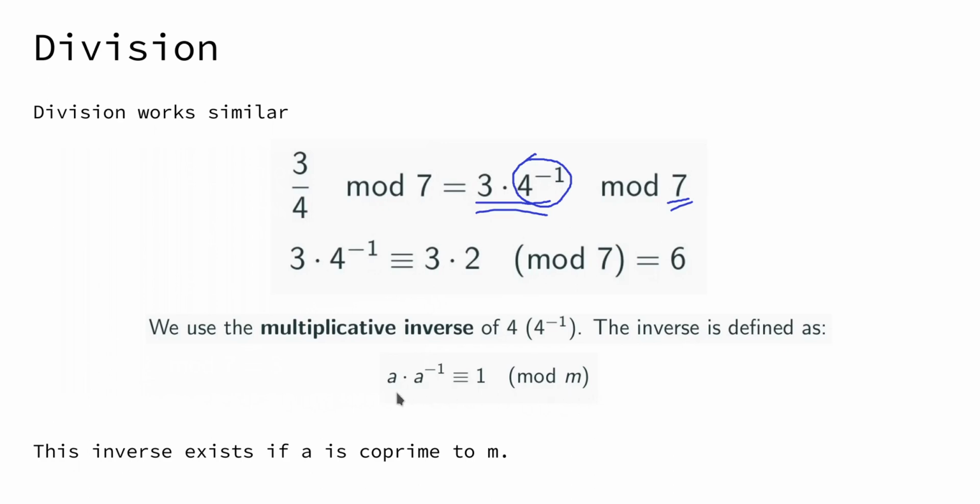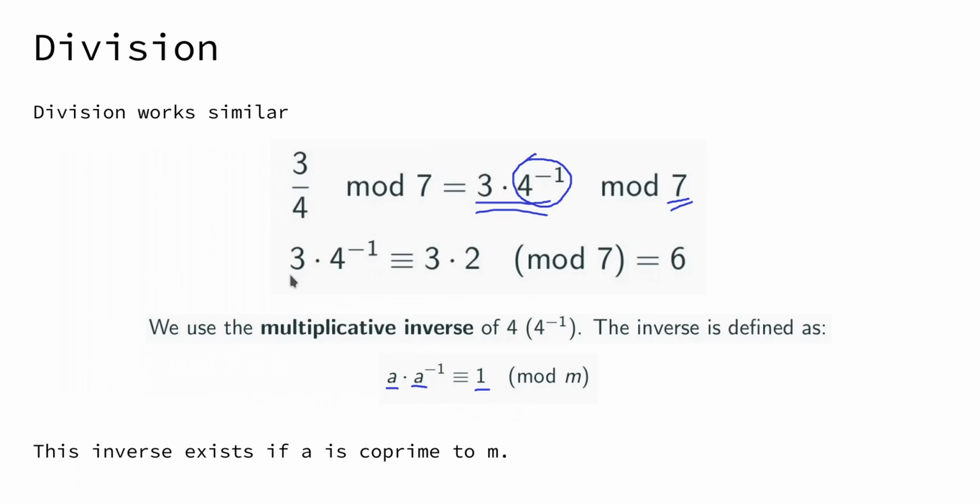Why is that? Because, as you probably learned in your math lecture and then forgotten, if you associate an element of a group with its inverse, you have to get the neutral element. Neutral element regarding multiplication is 1, obviously, so here 4 times 2 would be 8, modulo 7 is 1, so 2 is the multiplicative inverse of 4.